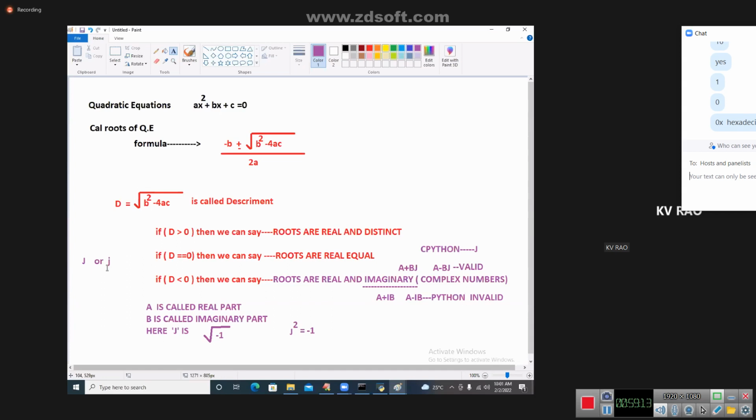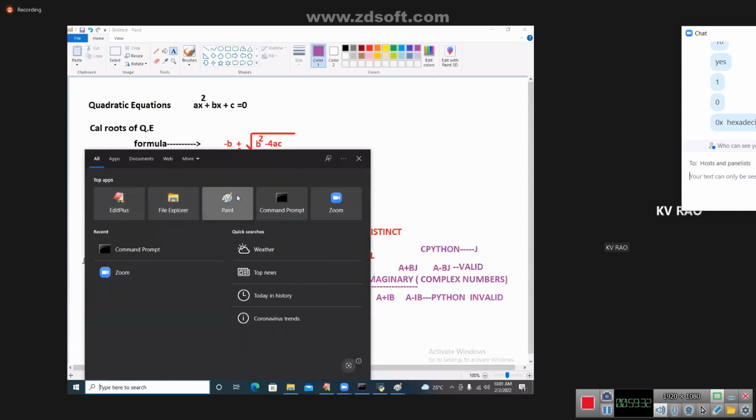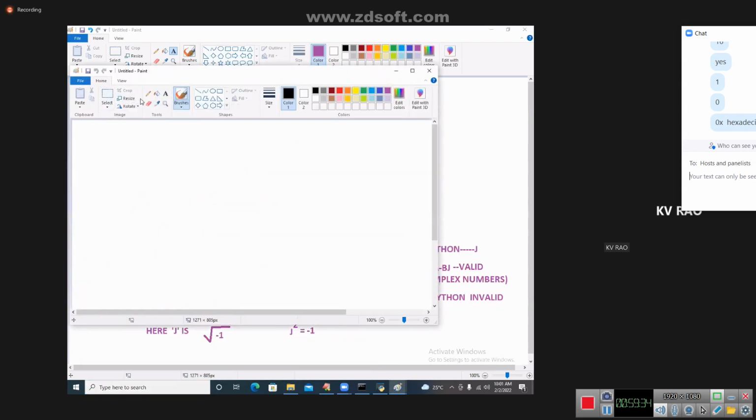Okay, right. Coming to the point. Ashwini, it's not -1. What is your mathematics background? Ashwini, my dear student, okay. What I have to explain?